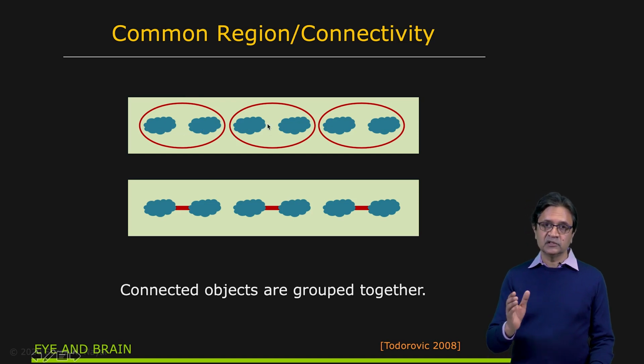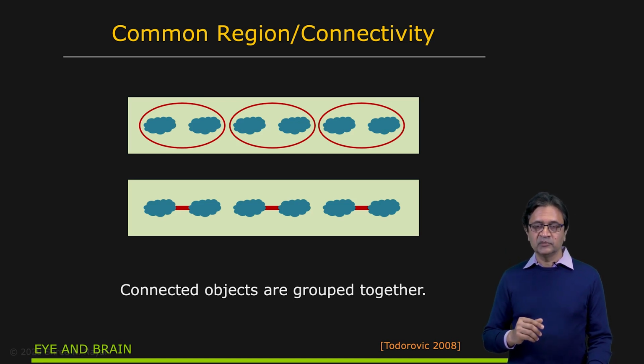Even though the distances, in terms of our proximity principle, between all of these are the same. And if you have links that connect these elements, then that's yet another way that we use to group things together. That's a very strong cue that this is a subgroup, and this is another subgroup right here.